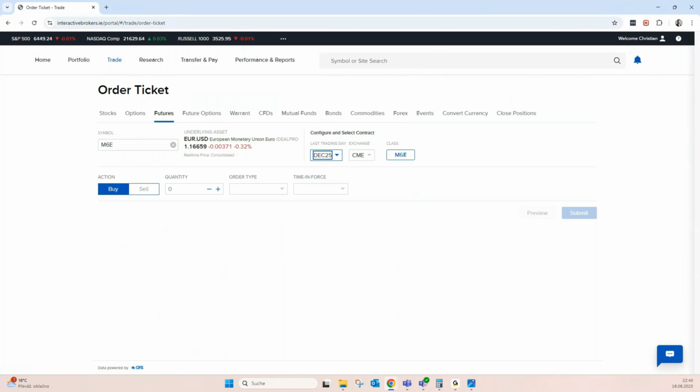And regarding the coverage, one contract is equal to 12,500 euros, and that's the important thing to secure exactly my 20,000 US dollars. I have to go a little bit higher because it's only possible to trade full quantities. There are no so-called fractional futures contracts, for example.